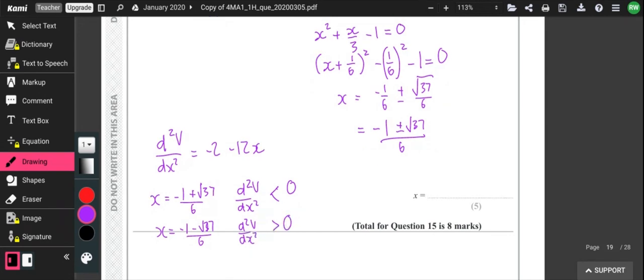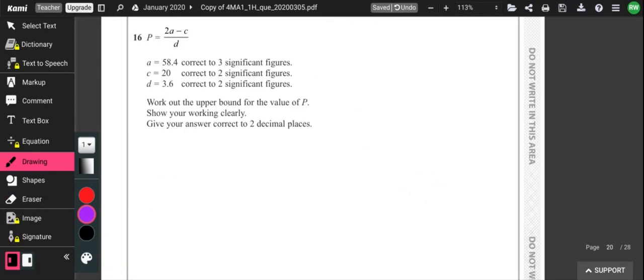When you have a negative value for the second differential, this is the maximum and this is the minimum. So in this case, we're looking for the maximum. So it's going to be minus 1 plus root 37 over 6. So that value to 3 significant figures is 0.847.